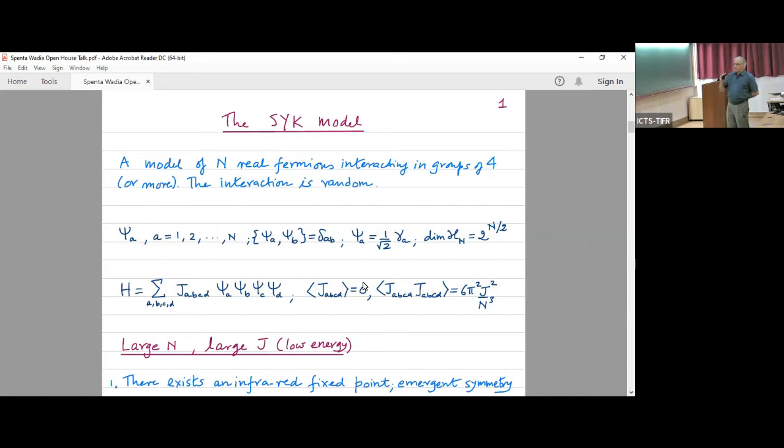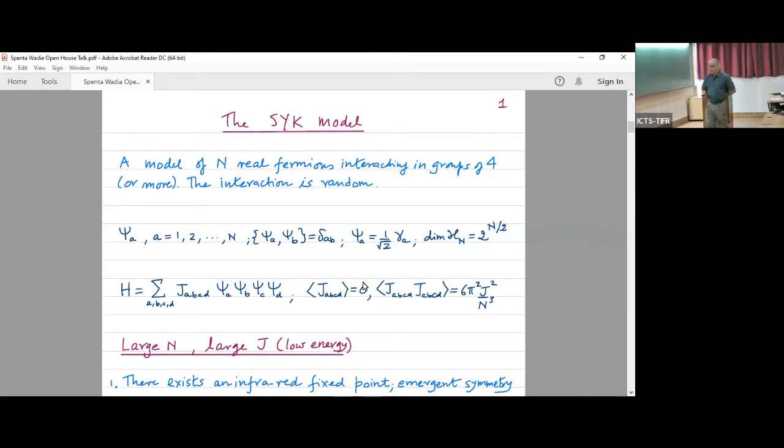Some of the more important points about the SYK model are as follows: in the limit of large n, where n is in a sense the largest number in the problem, and for large j, which implies low energy in this problem, there exists an infrared fixed point and an emergent infinite dimensional symmetry.